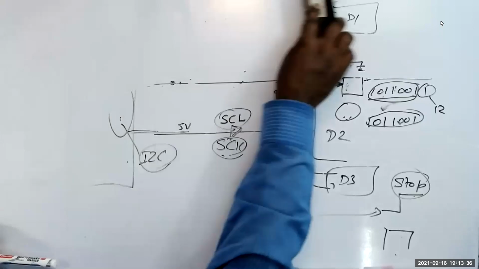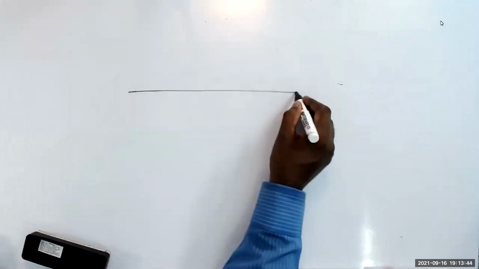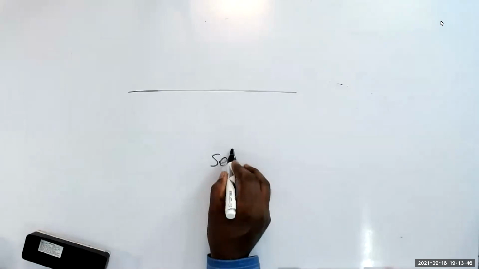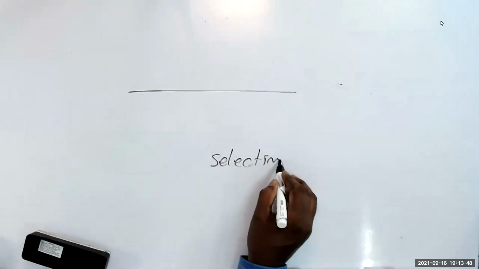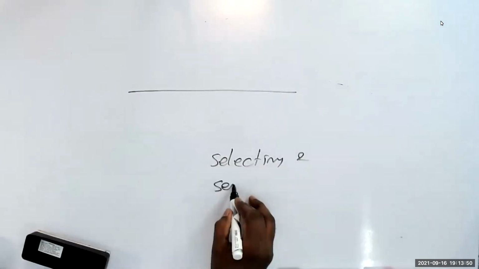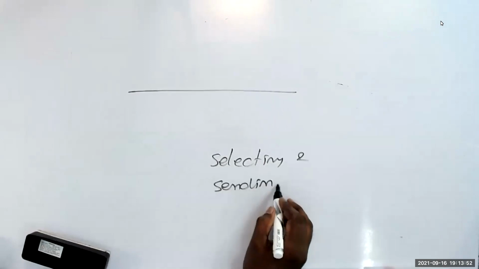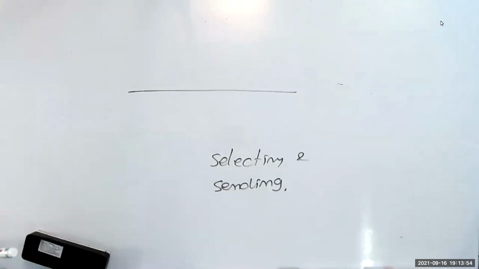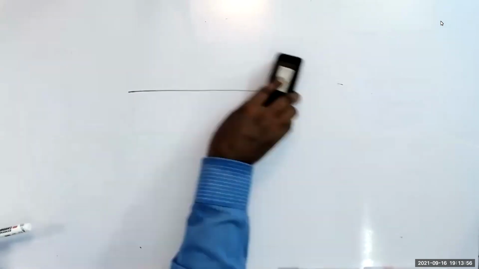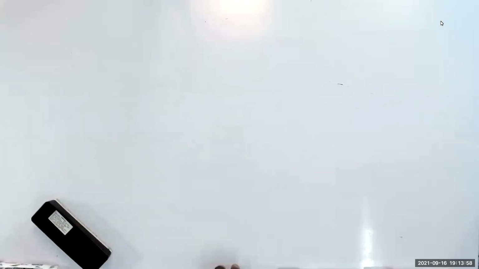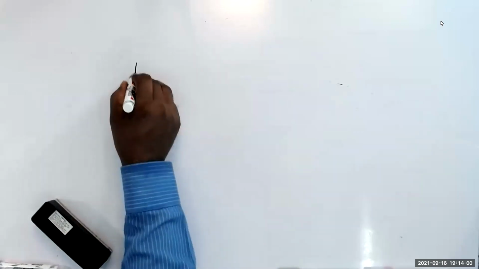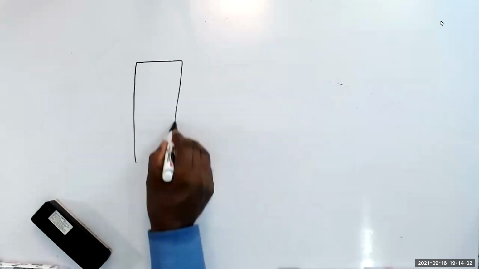Now I'll tell you the important trick of the I2C controller. I2C is used only for selecting and sending data. If you come back to our normal microprocessor, you have a data bus and an address bus.